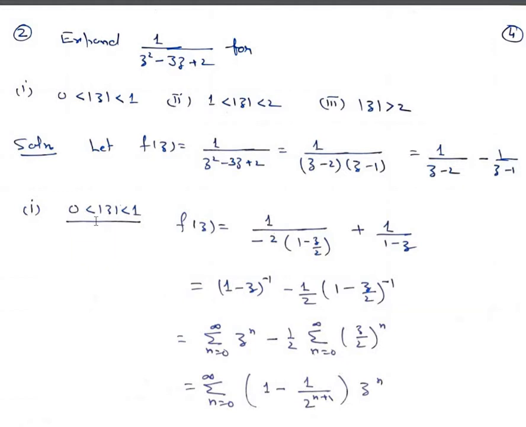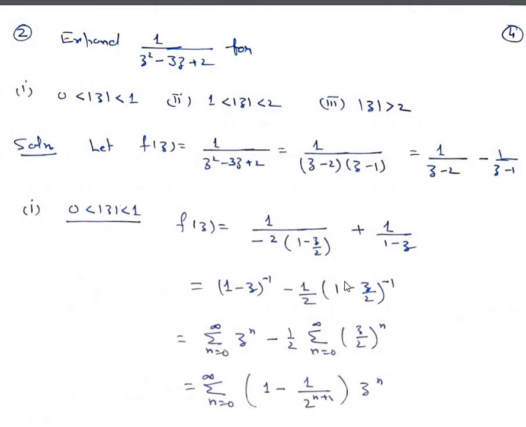Now for the first part, when |z| lies between 0 and 1, we have f(z) equal to, take −2 common from here, 1/(−2(1 − z/2)). Take the minus sign common from here, so we get plus 1/(1 − z). Now because |z| is less than 1, therefore |z/2| will also be less than 1.